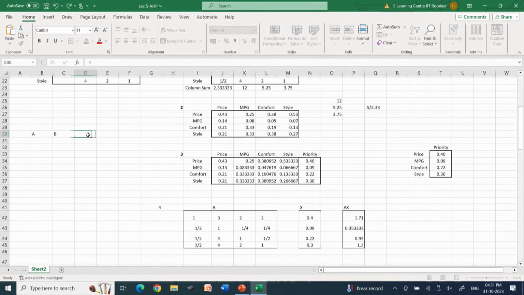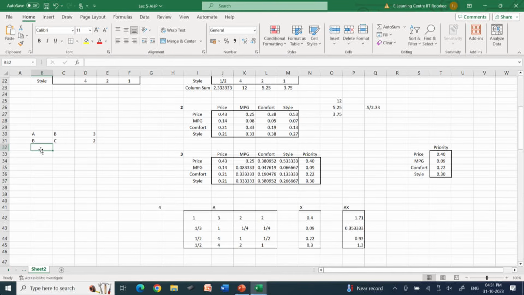Suppose when I compare A and B, I am getting 3. So, A is 3 times more important than B. Similarly, when I compare B and C, I have written 2. So, B is 2 times more important than C.